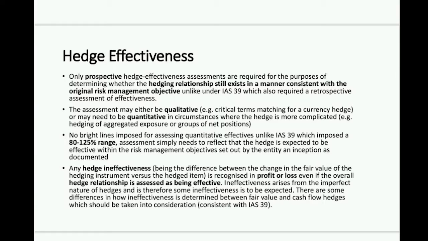So on the one hand, the underlying hedged item that I'm hedging is a forecast sale of 100 tons of coffee beans to a customer in 3 months' time, and it is grade A coffee beans. And on the other hand, my derivative is going to be settled in 3 months' time, and it is also a derivative for grade A coffee beans.